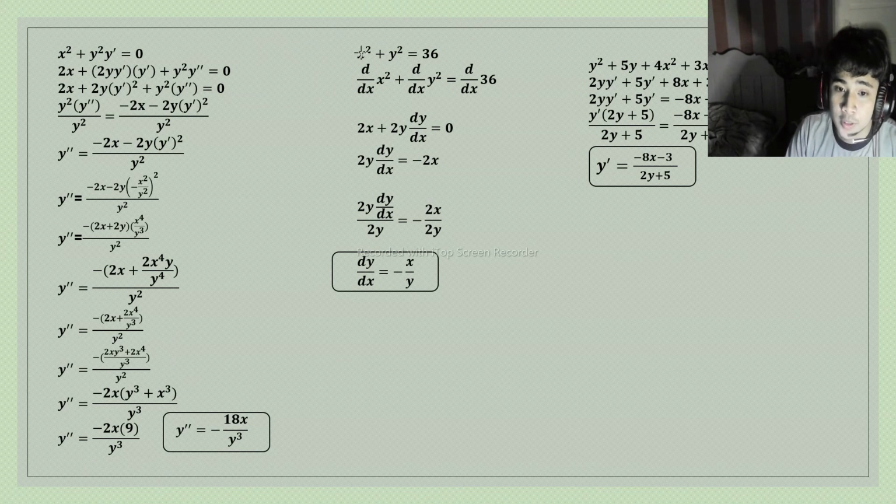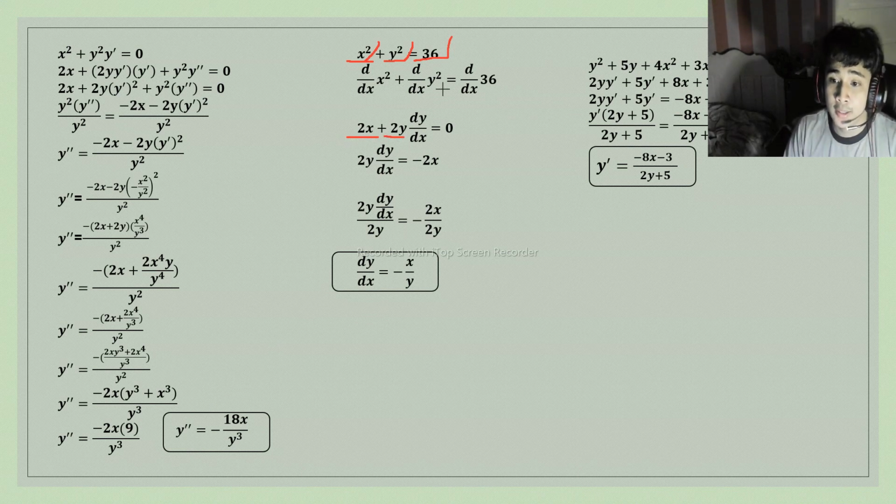So, first things first, hanapin muna natin yung derivative ng lahat ng to: the derivative of x squared, derivative of y squared, derivative of 36. Ang derivative ng x squared ay 2x, derivative ng y squared ay 2y. Ginalaw natin yung y, kaya magkakaroon tayo ng derivative. Derivative ng 36 ay 0 kasi constant.